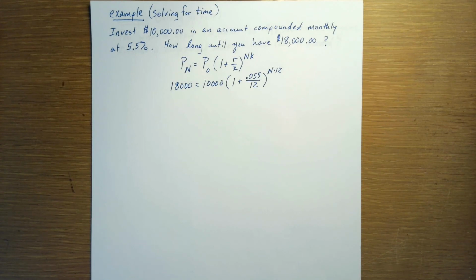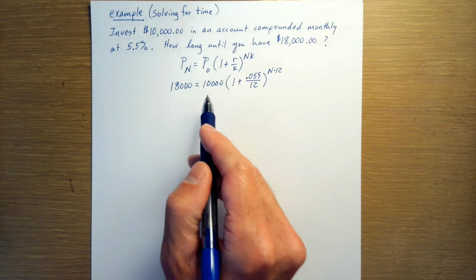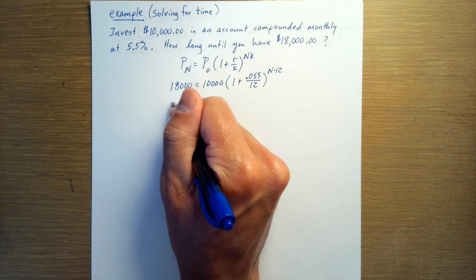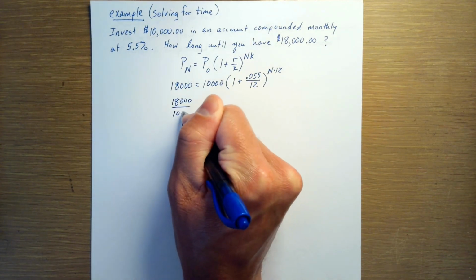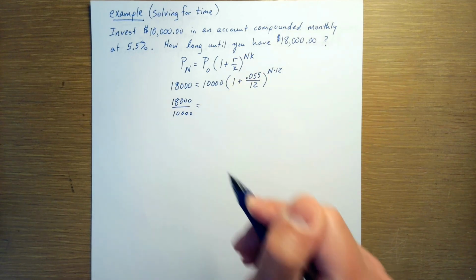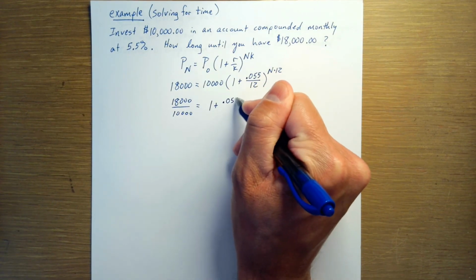So in this case, it can get a little messy when you get into the arithmetic. So what I want to do first is get this term that has the n by itself. So I'm going to take this 10,000 over to the other side, and I get 18,000 over 10,000. Everything else over here stays the same.